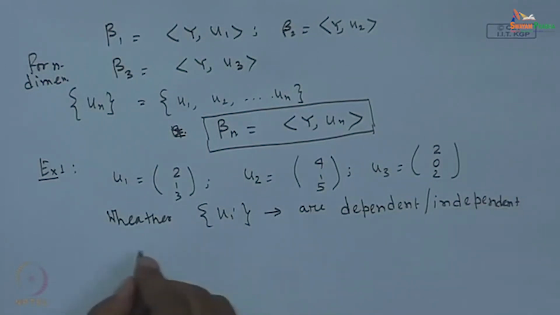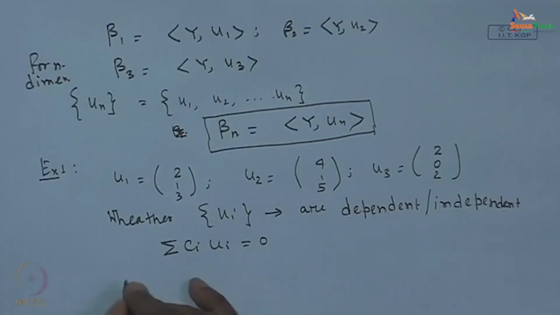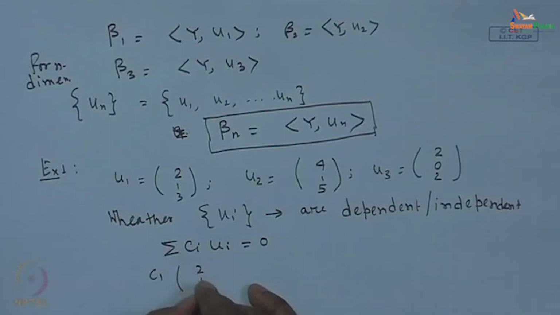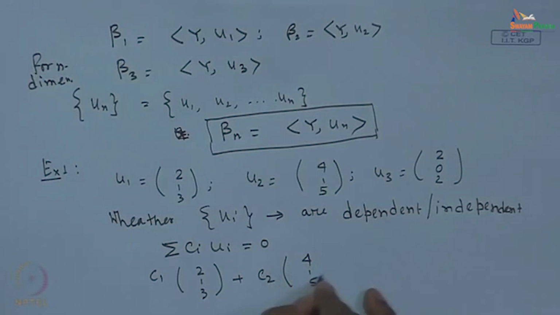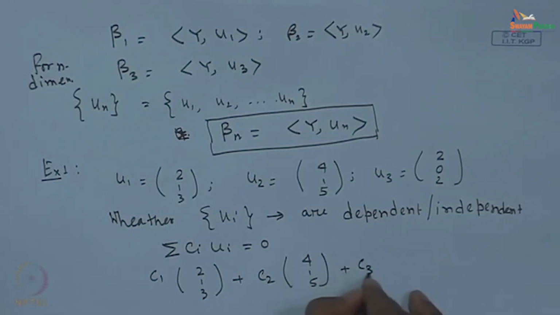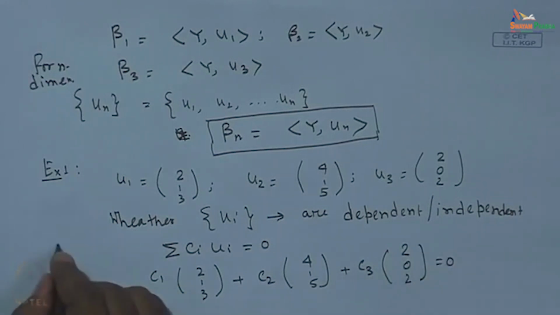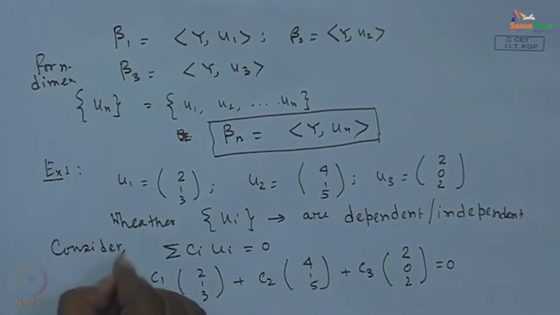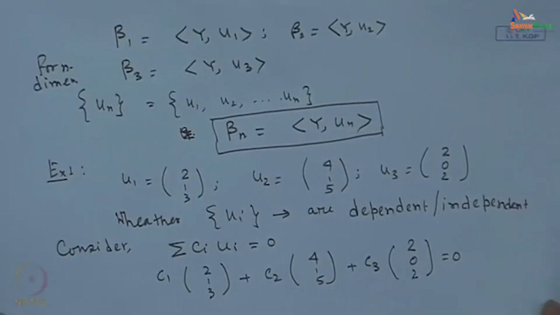For that, if you consider the equation summation of Ci ui equal to 0, then we can obtain the following equations. That means C1 (2, 1, 3) plus C2 (4, 1, 5) plus C3 (2, 0, 2) is equal to 0, where the coefficients C1, C2, C3 are all scalar multipliers.